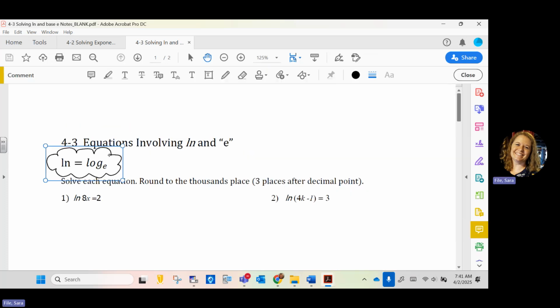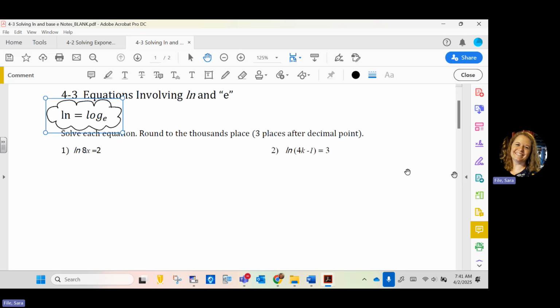Remind yourself, natural log is just a base e log. e is the natural base. The rules and steps are the same for solving natural logs as they are for regular logs and exponentials. So we're just going to practice what we were doing yesterday.